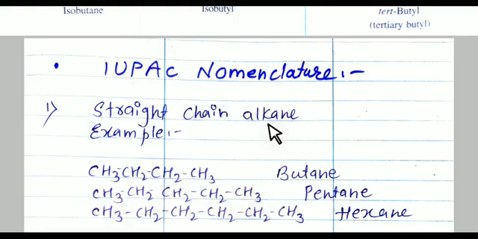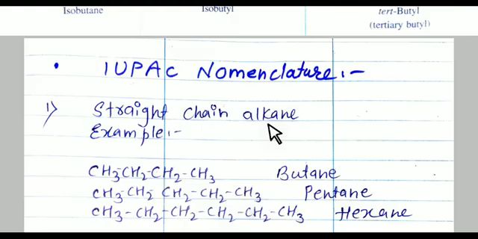And the carbon which is not included in the chain is the branch. And the carbon which is in the numbering of the chain is the parent chain, and another is the substituent.